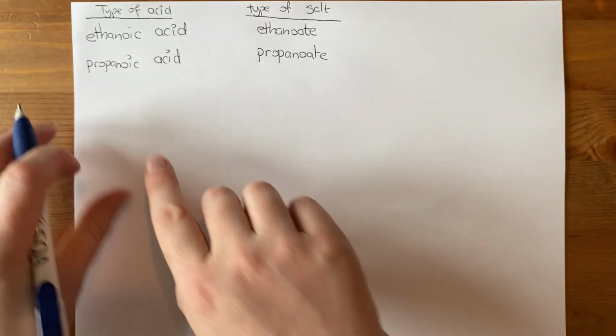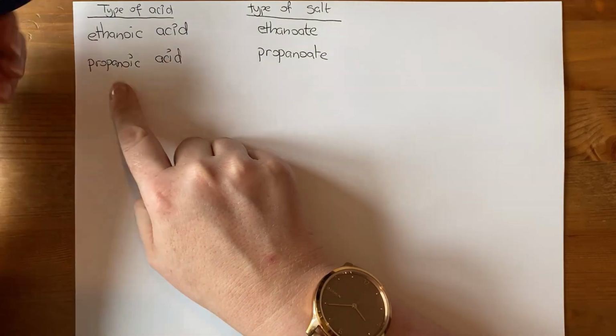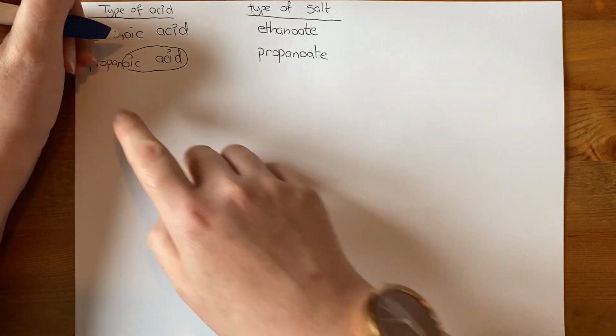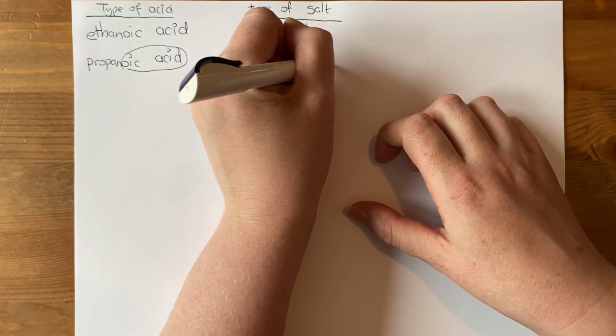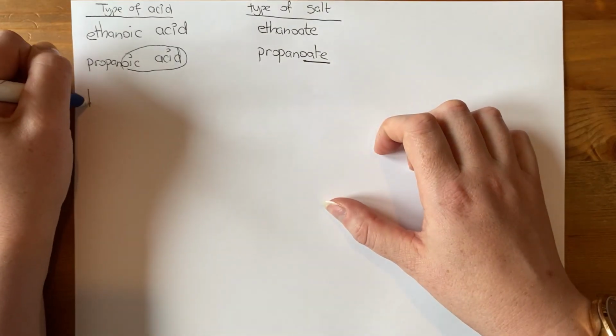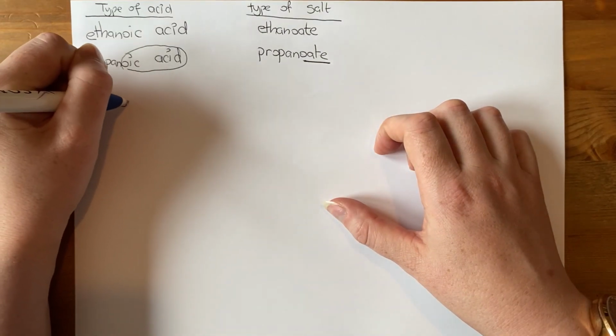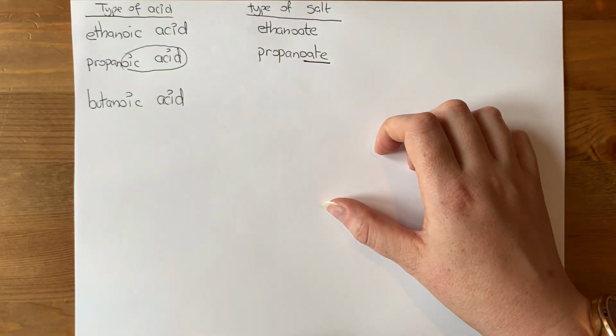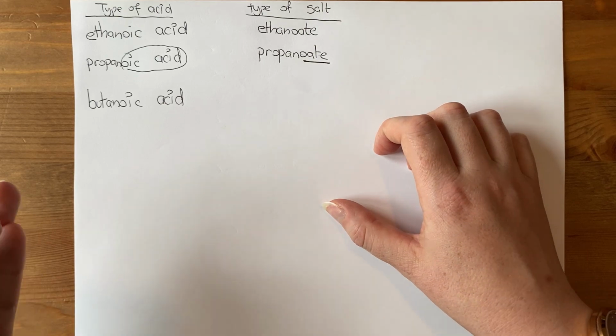So I am taking the type of acids, I am getting rid of the oic acid part, and I am replacing it with oate. So let's try that with butanoic acid. Give me a wee second to think about that, see if you can do it before I write it down.